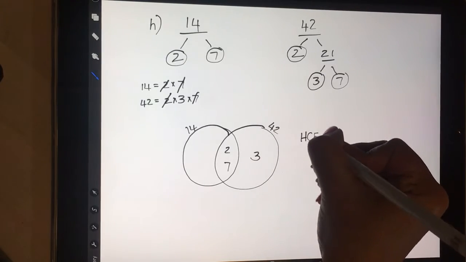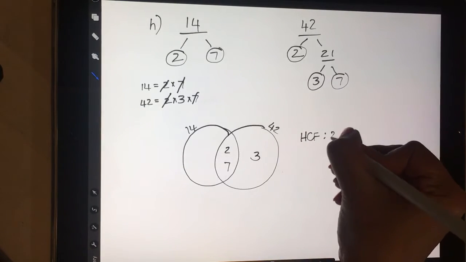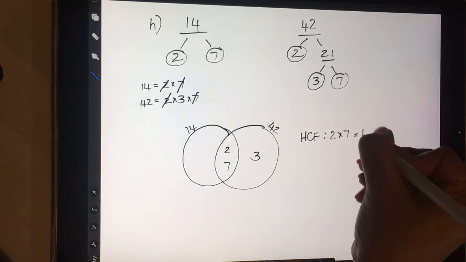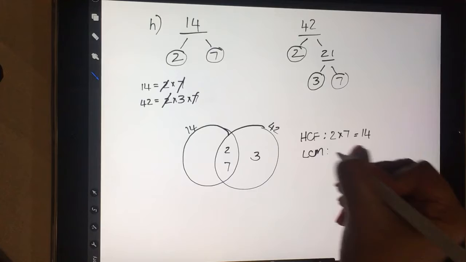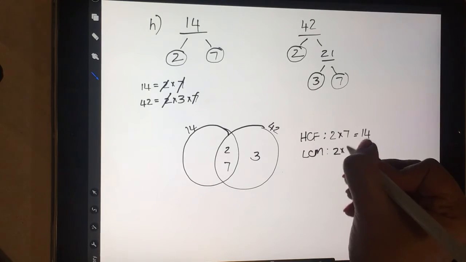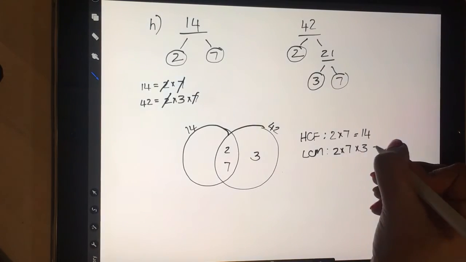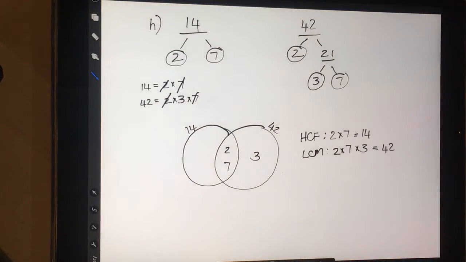The highest common factor, we look at the intersection, which is going to be 2 times 7, so the highest common factor is 14, and the lowest common multiple will be 2 times 7 times 3, which is equal to 42. So the lowest common multiple of 14 and 42 is 42.